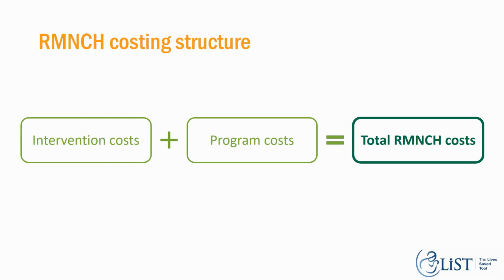And we sum that with the program costs. The program costs are bigger picture supporting things that we need in order to deliver specific services, specific interventions. And so the sum of those two leads to the total RMNCH cost.